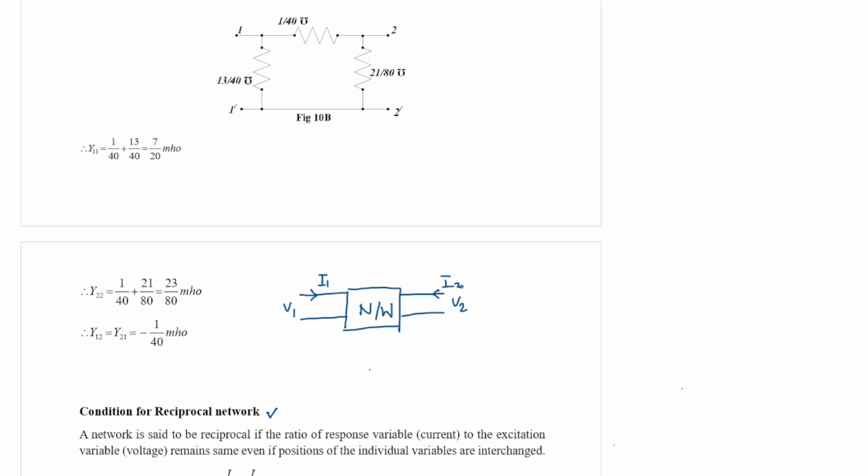Input port has the voltage and current V1 I1 respectively, and output port has the voltage current V2 I2 respectively.